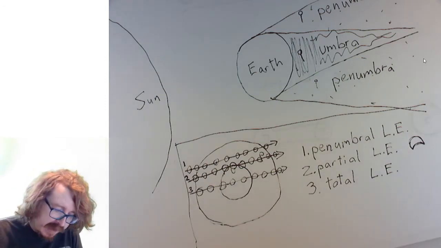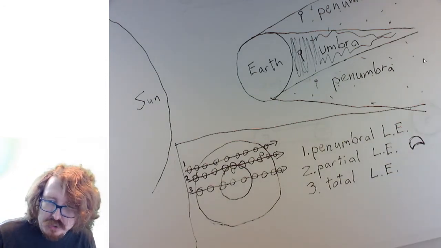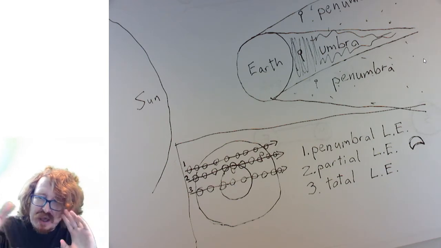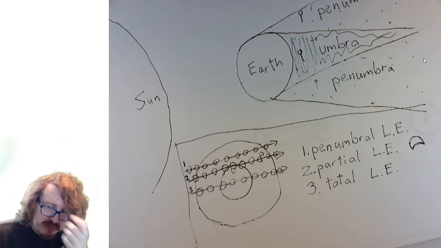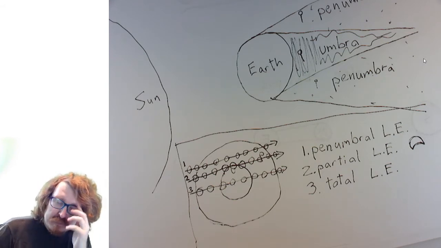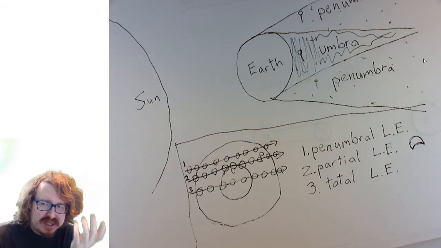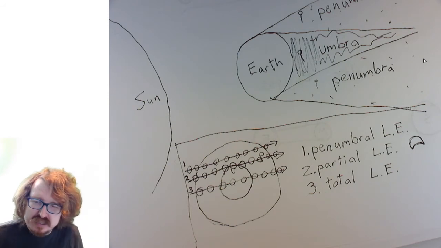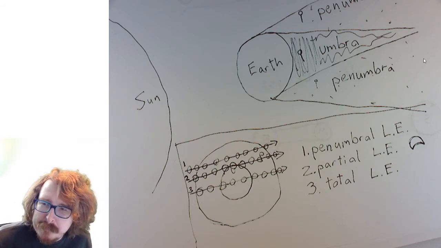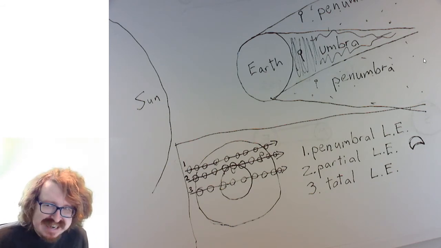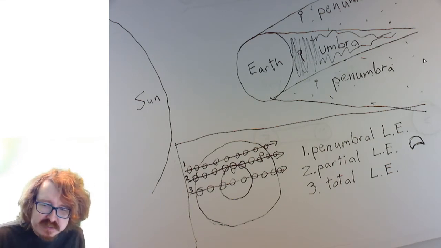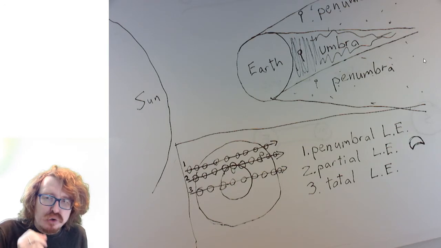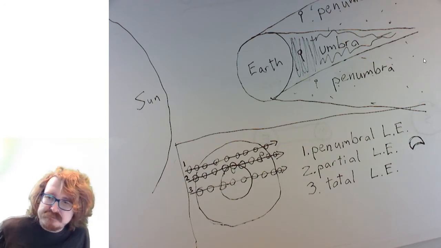However, have any of you guys ever seen a total lunar eclipse? Yes or no? I've seen a couple. Our college actually set up some viewing telescopes for these things. For those of you who have seen a total lunar eclipse, not a solar eclipse, but a total lunar eclipse, does the moon just look black?